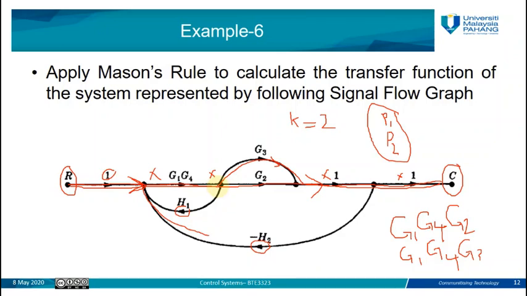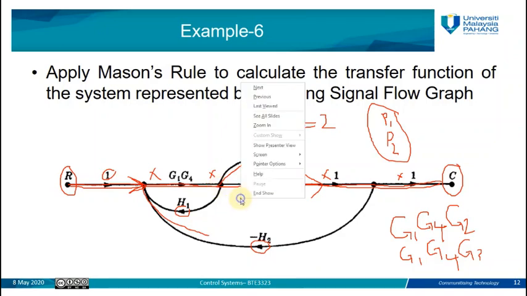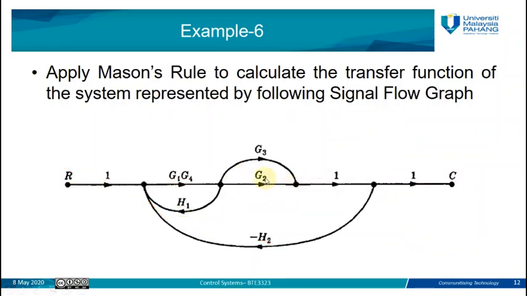I cannot say that G2 and G3 represent a loop because they are in parallel, they go forward, it's not backward. The loop is when you start at one node, you go forward, then you go backward to the same node. So here we have one loop, starting from this node, going to that node, and again returning.